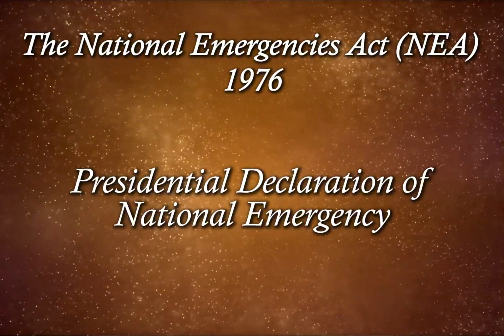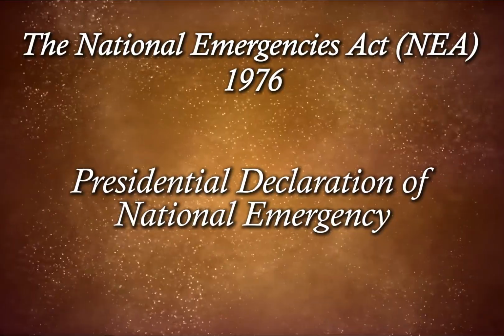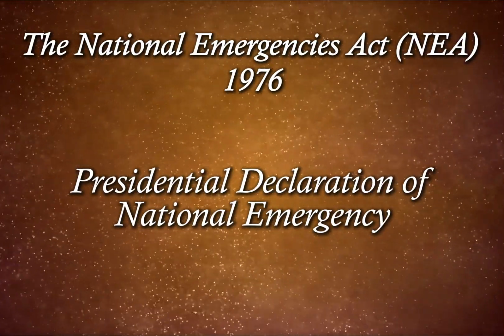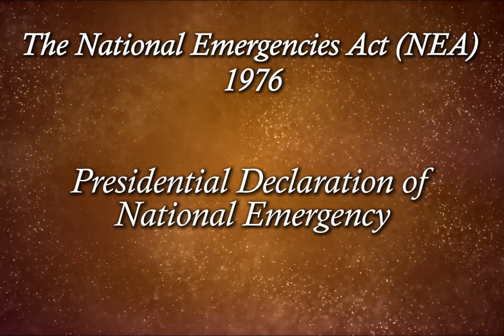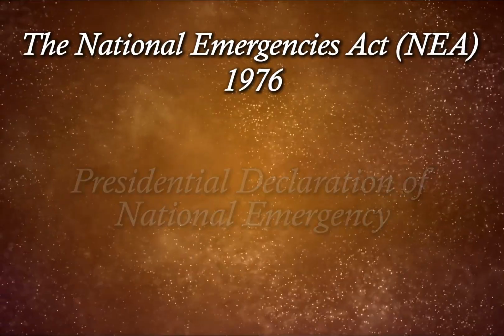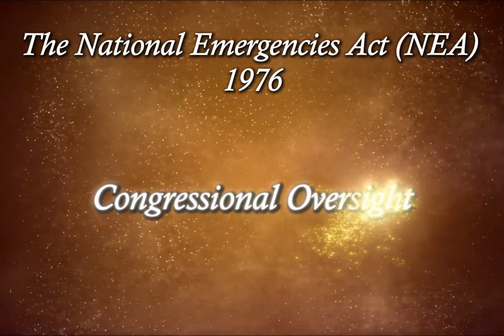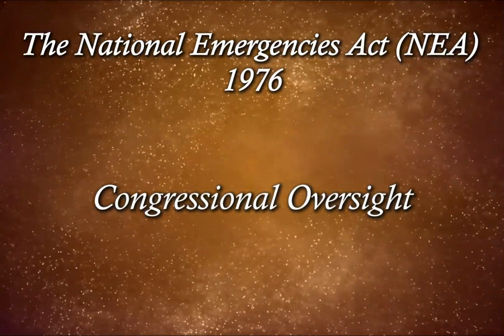The president must formally declare a national emergency and specify the legal authorities being activated. This declaration must be published in the Federal Register and communicated to Congress. Congressional oversight: the president must report to Congress every 6 months during the state of emergency.